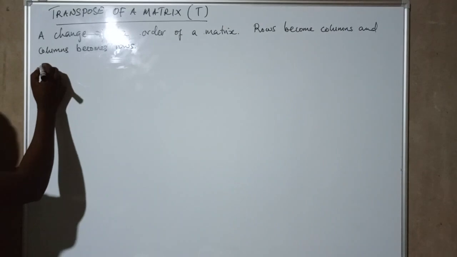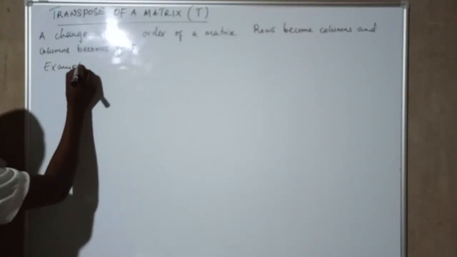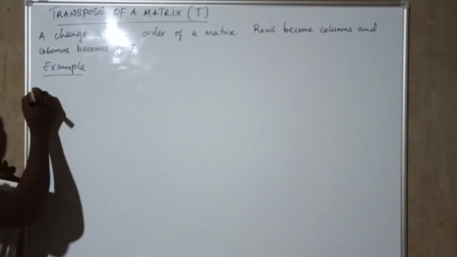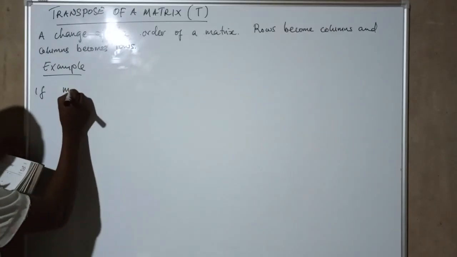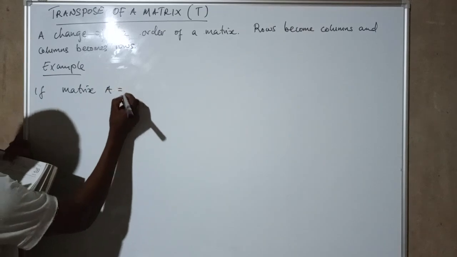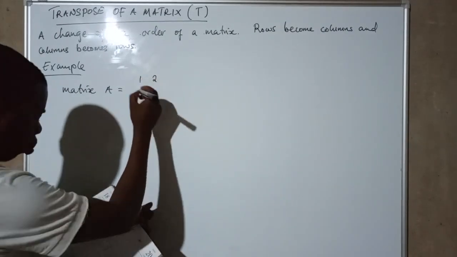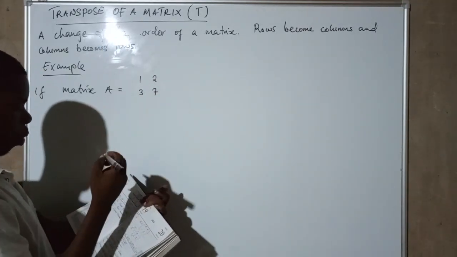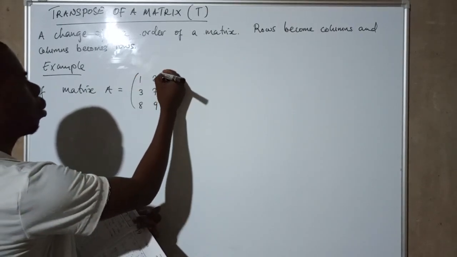So, example. If we have matrix M equal to 1, 2, then 3, then 7, then 8, then 9.